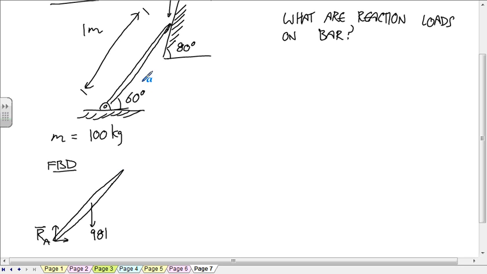What's it going to be perpendicular to, the bar or the wall? To the wall, yeah. So it's going to be like this. I'll call this point A, point B, point C. So this is a scalar that I'm calling RC.